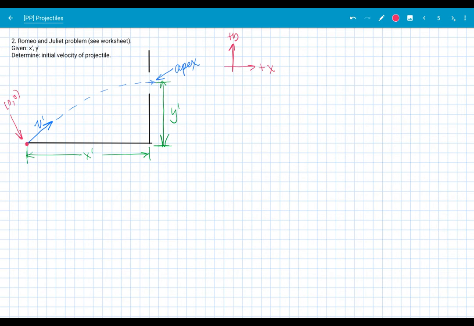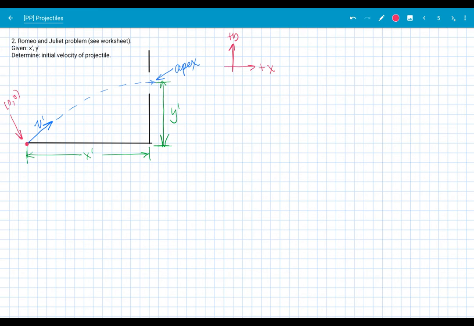Upward for y, since my initial velocity in the y is upward and my y displacement are both upward directed. I understand my y acceleration is downward, but 2 out of 3 are upward, so I'll go upward positive. And in my x, I've got everything directed rightward. X displacement's rightward, and x initial velocity is rightward as well.